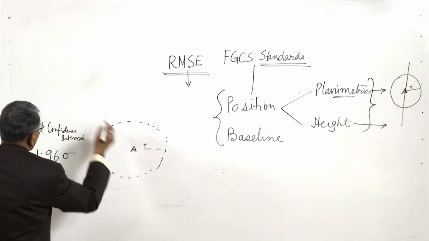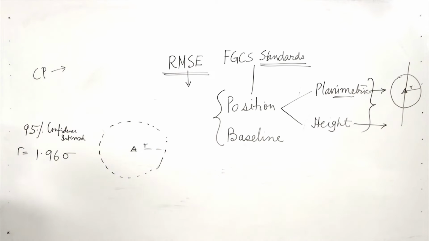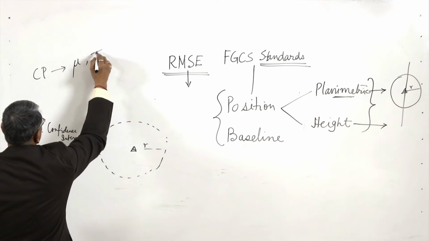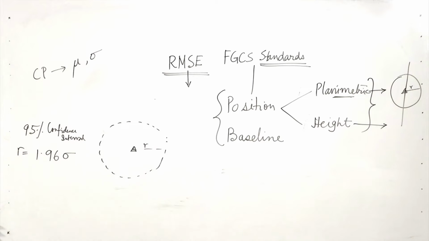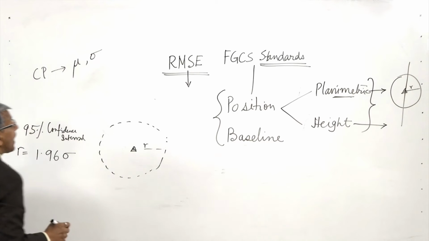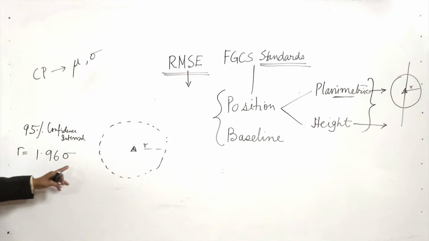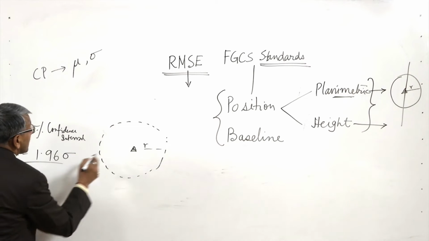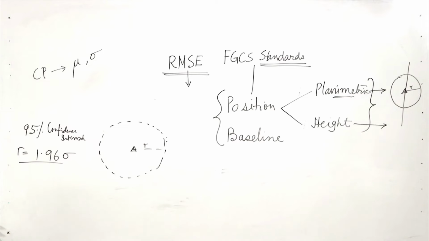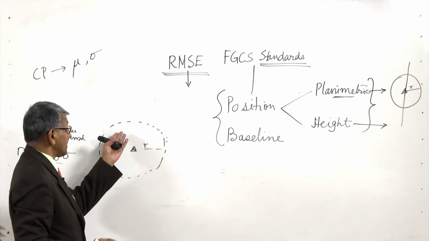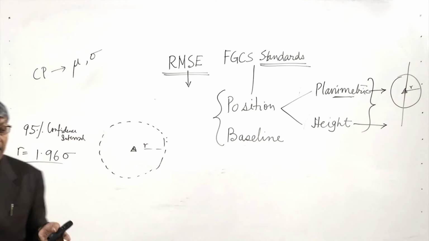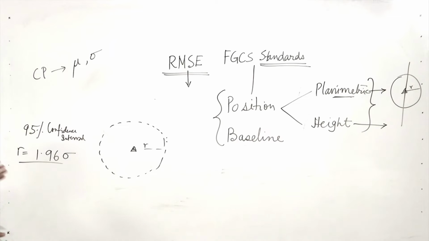So, if we have a point whose position is known, a control point, so already a defined control point. Whenever we define a control point, we define it by its mean and standard deviation. So, if we take the position of the control point as this one, and a circle of 1.96 sigma radius, I can say this is the error circle within which, if I get my position, then I can say that position has the 95% confidence.